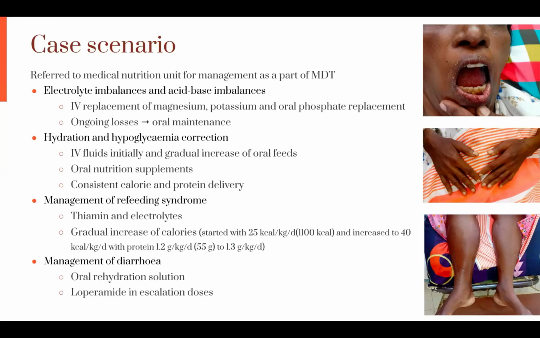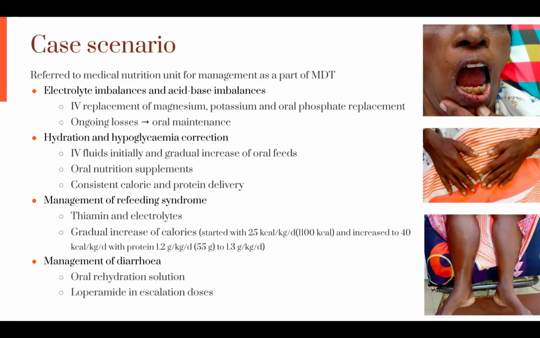Ongoing losses were given with IV initially, then we changed to oral maintenance. Hydration and hypoglycemia were corrected initially with IV fluids and gradual increase of oral feeds. Oral nutrition supplements were used and divided throughout the day to get the consistent calorie, protein and glucose requirements to avoid hypoglycemia.